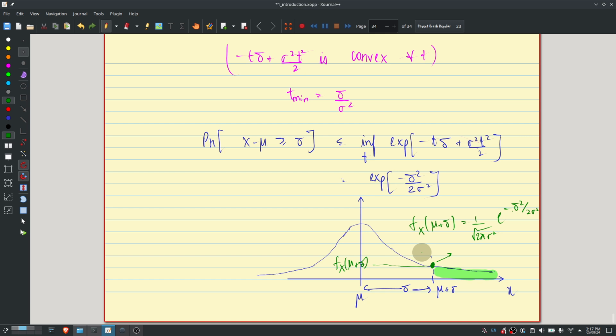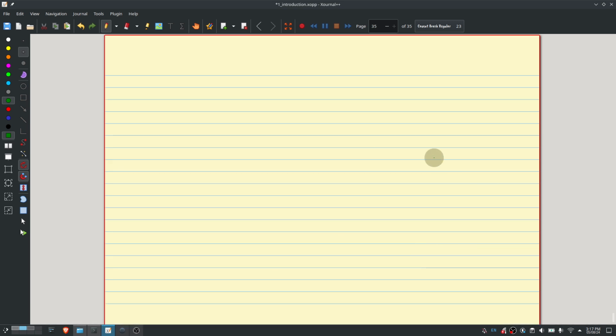So in these examples, the probability that x minus mu is greater than or equal to delta, we saw that this is less than or equal to e raised to minus some constant times delta square.